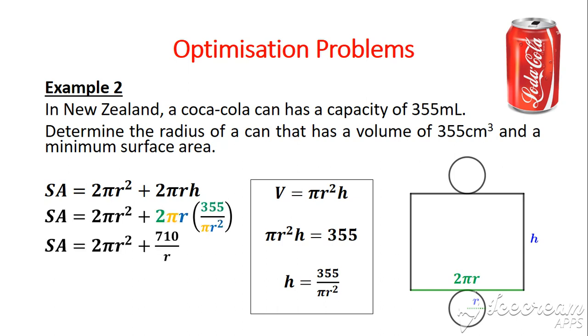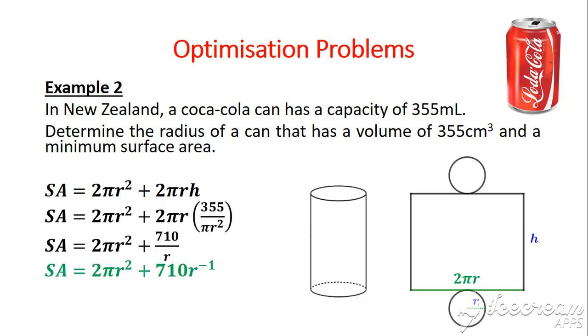The 2 times 355 gives 710. The pi's cancel, and one of the r's cancel on the bottom with one on top. Right, we're going to take this r on the bottom and bring it up to make it r to the power of negative 1.